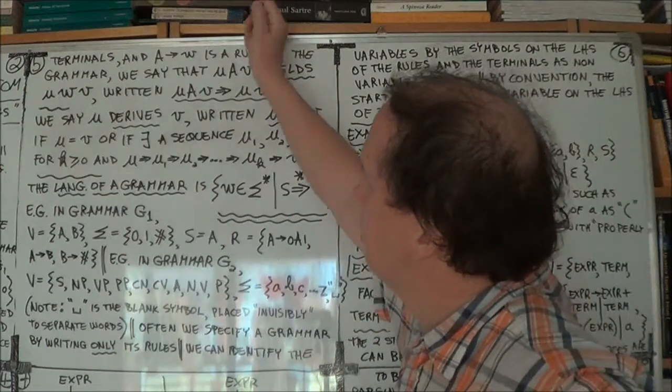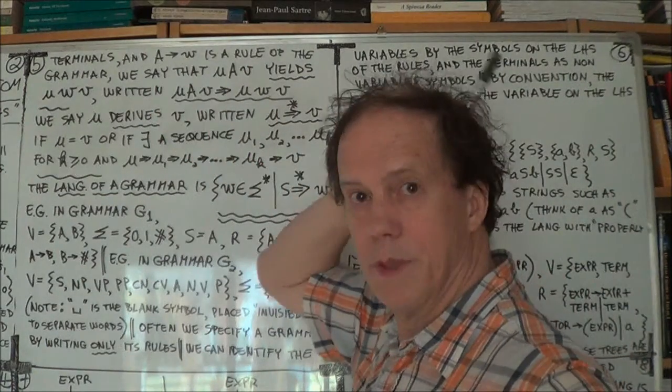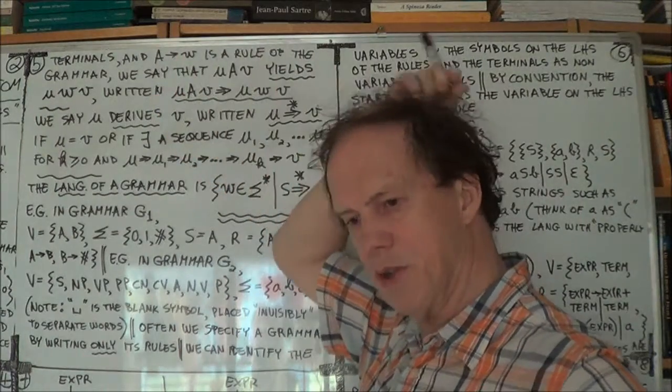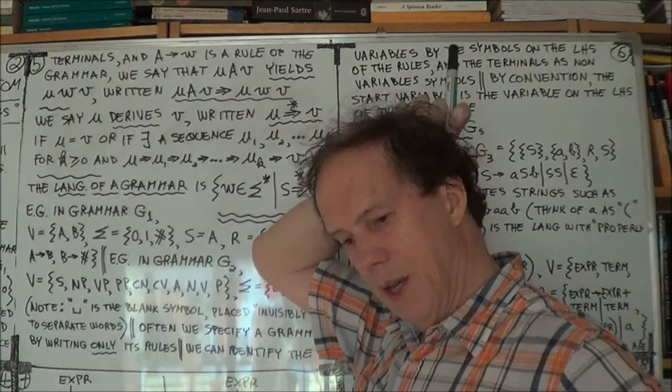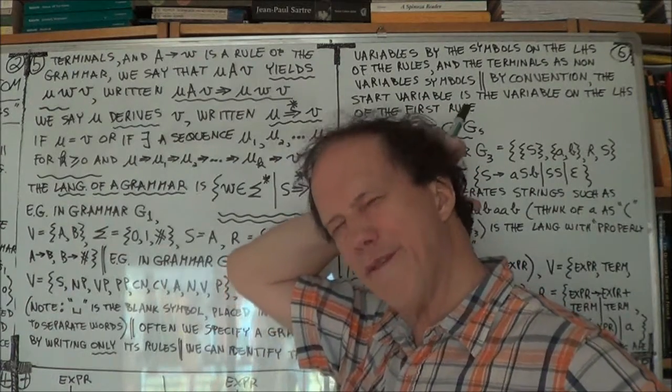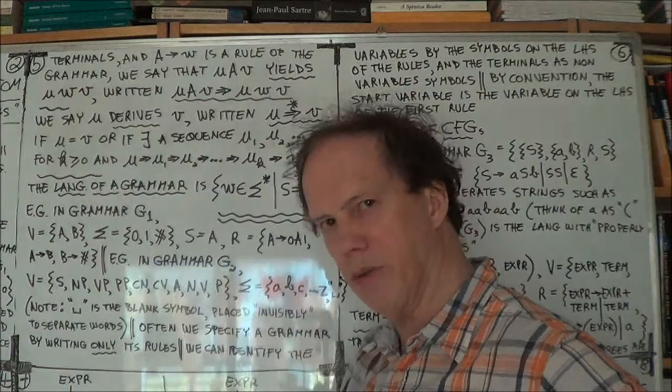Now, we have a substitution rule of this form. Remember, in a substitution rule, the left-hand side is always a single variable. It has to be a variable. It can't be a terminal.